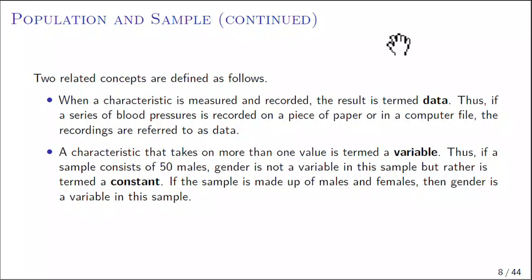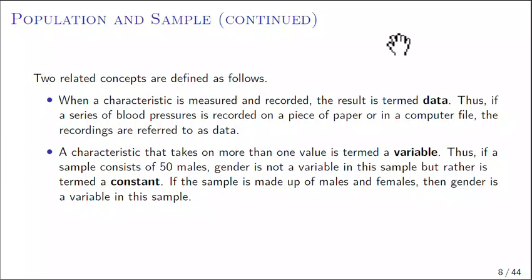Like here, if we put gender as a variable, we are supposed to have either male or female. But for a sample with only 50 males, gender does not vary at all, because it's always male.